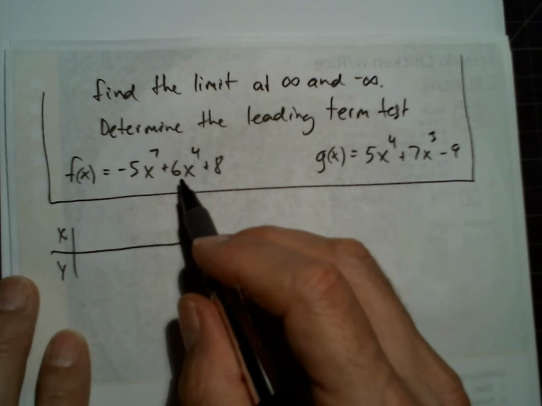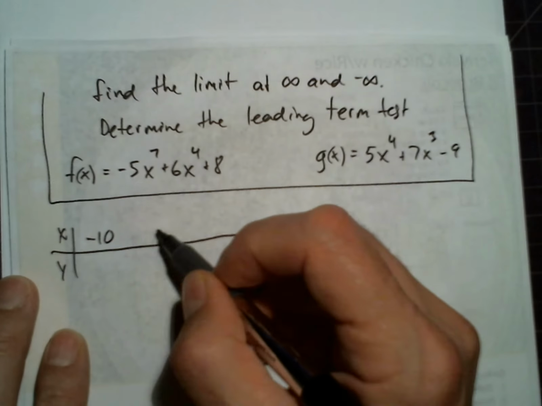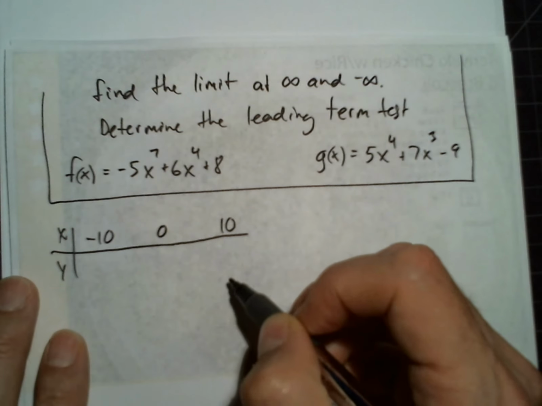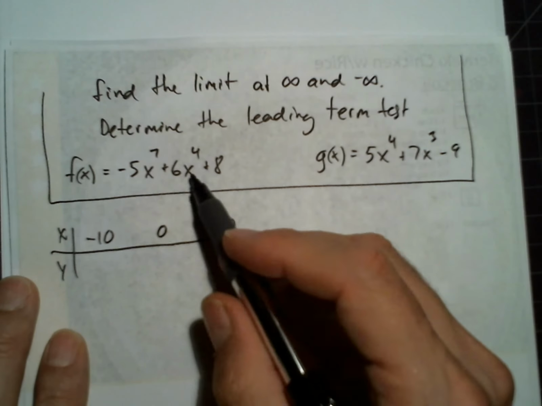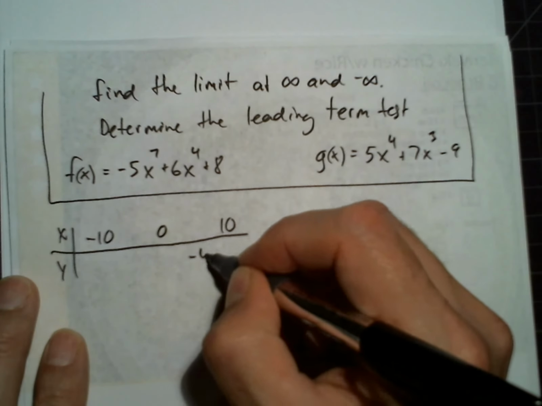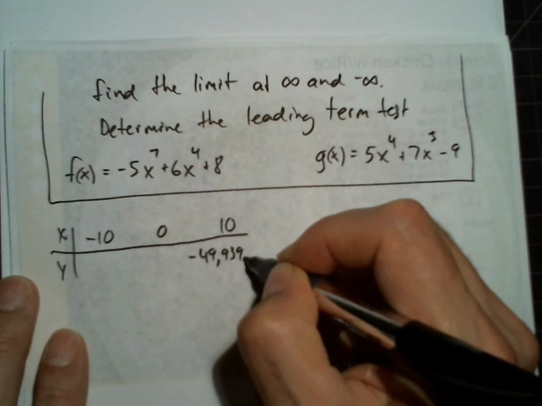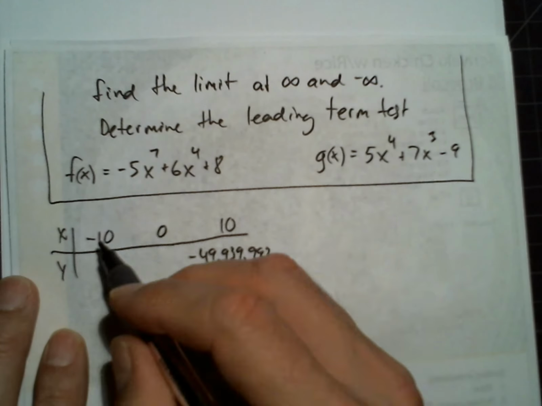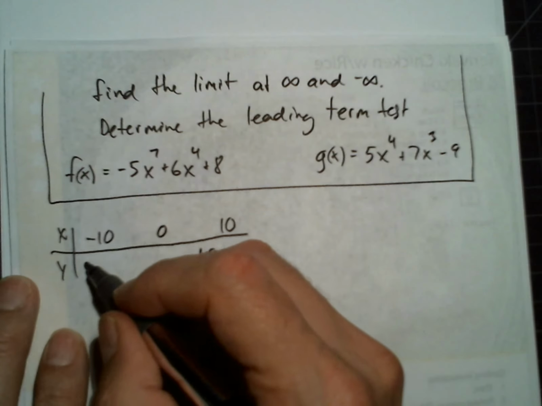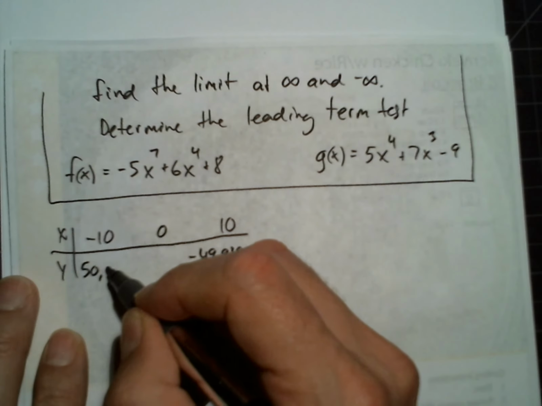Okay, let's see what's happening to this as we go to the left and to the right. If we put a 10 in here, we get -49 million. If we put a -10 in there, we have +50 million.